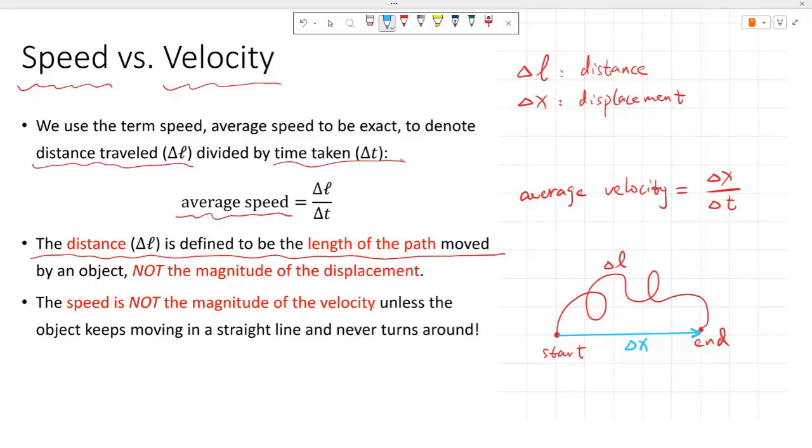True or false? The magnitude of the displacement is always less than or equal to the corresponding distance. Let me repeat. The magnitude of a displacement is always less than or equal to the corresponding distance.